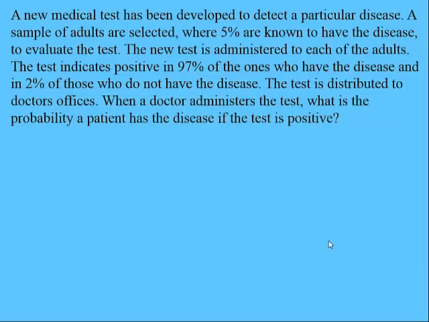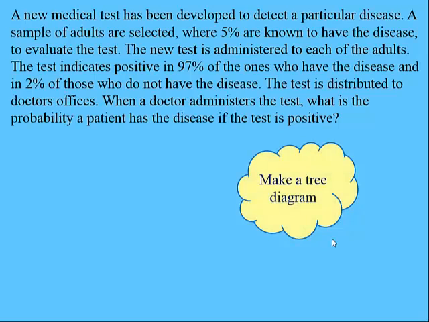Here's a similar problem that I'll go through and show you again. The idea is construct a tree diagram. A medical test has been developed. The sample of people we know have 5% of them with the disease. Then we're going to give these people a test.